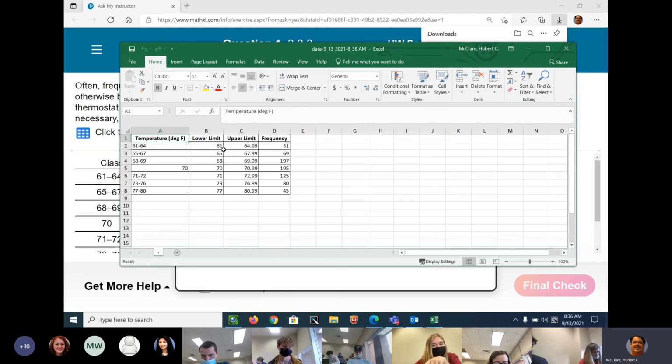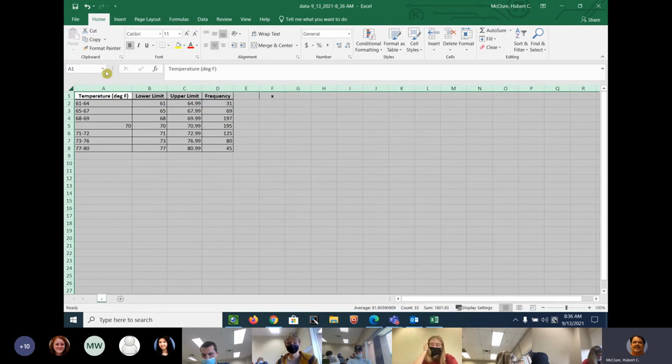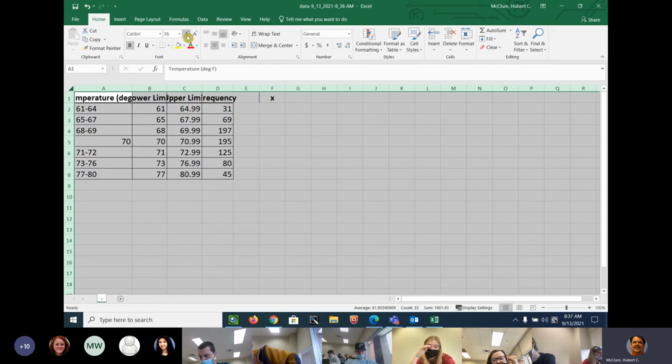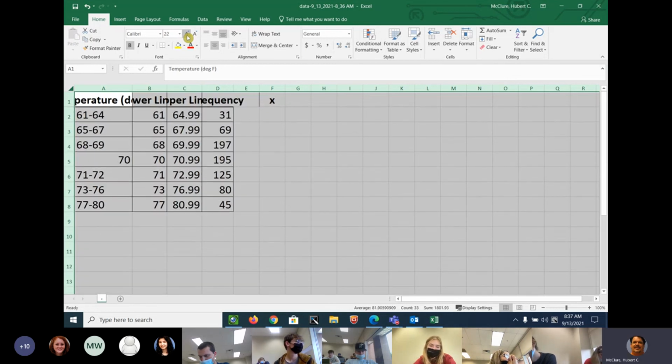Well, these classes are not correct. Yeah, you've got to find the midpoint. So X is the midpoint. Let me blow this up for y'all so you can look at everything. There are 2 or 3 test questions that can come from this question. Is that big enough for y'all?